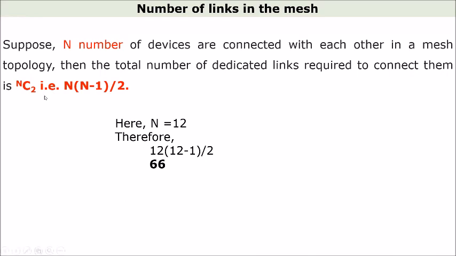In red color, I am giving this formula nC2, which means n(n minus 1) divided by 2. n means number of devices. Then you can substitute n as 12 and calculate the number of links. Right, complete your answer.